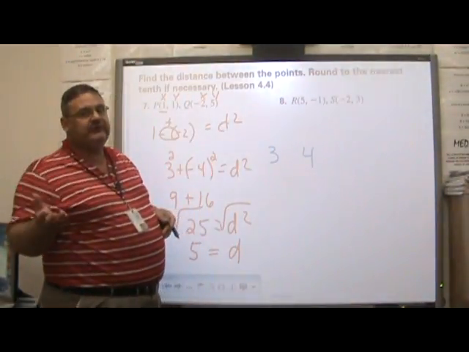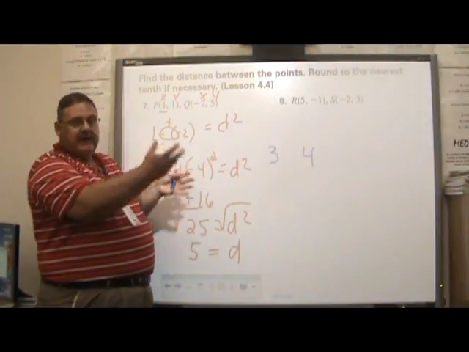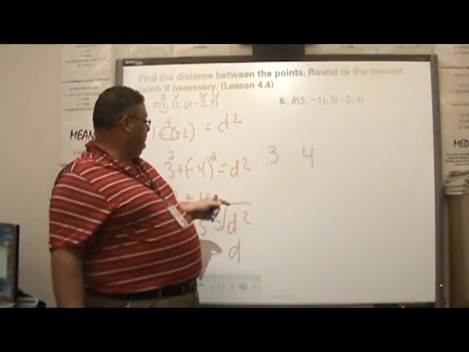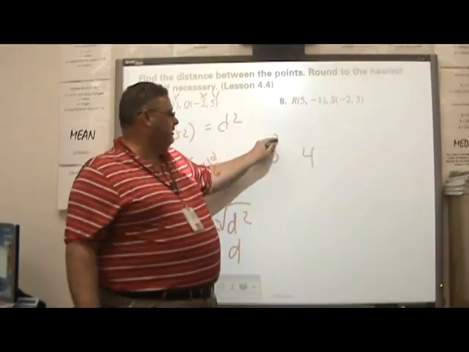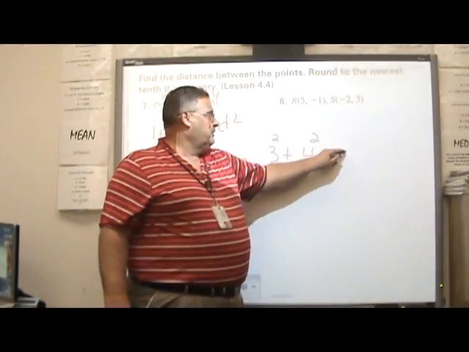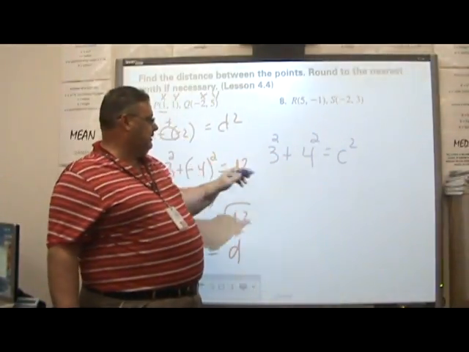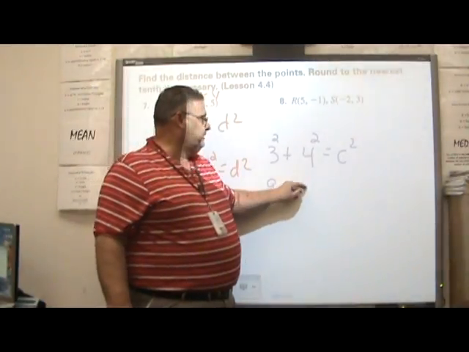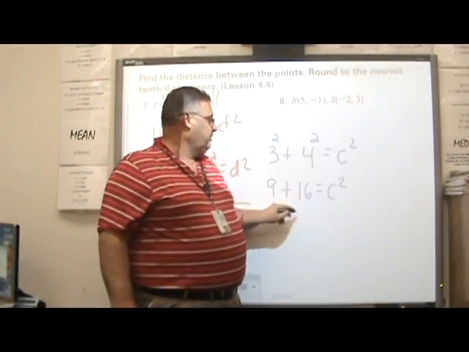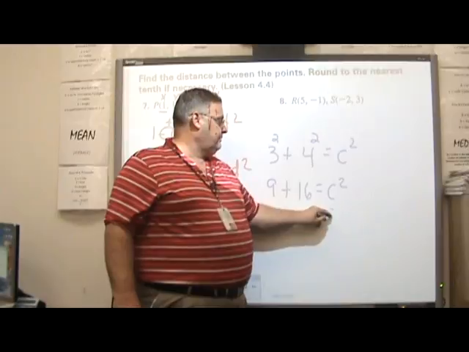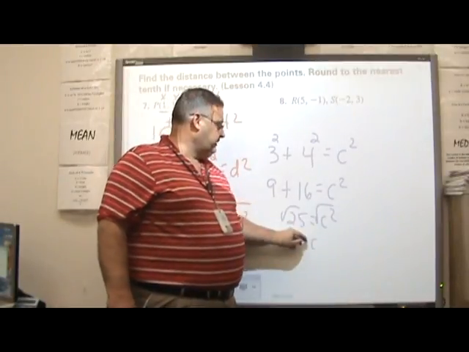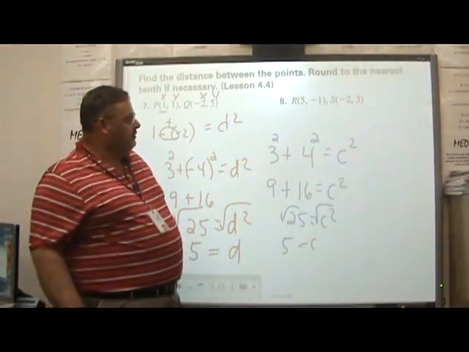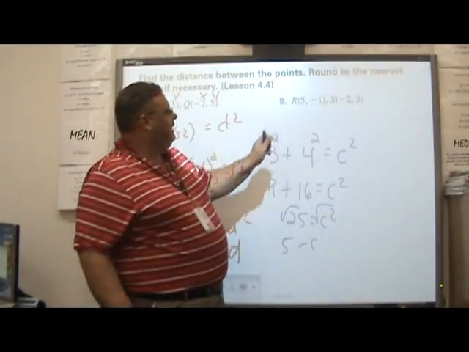And sometimes students see that easier than doing the subtraction and messing with the integers. And so you'll see I end up with 3 squared plus 4 squared is going to equal c squared, or my distance, well, I'm trying to solve. And you still end up with 9 plus 16 equals c squared, or 25 equals c squared, square root, c equals 5. All right? So using that little trick, I'll do this problem.